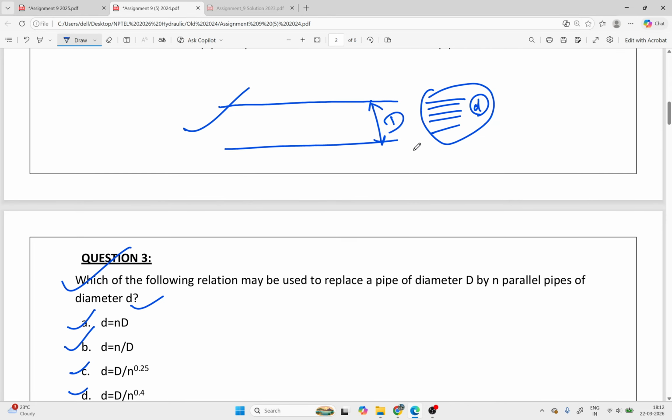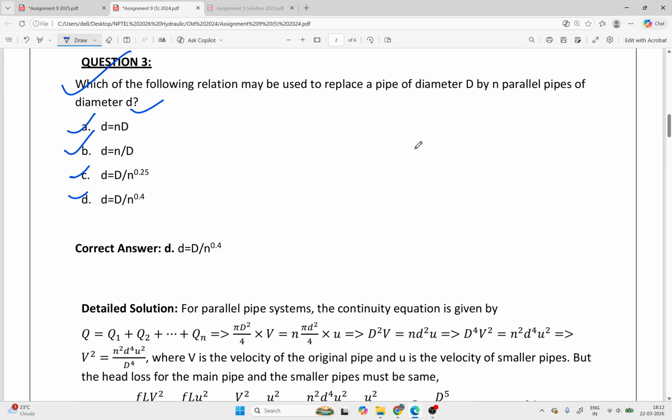So how will we proceed? For parallel pipes, you know already, the discharge Q of the bigger one will be Q1 plus Q2 plus Q3, like that. Based on how you distribute this discharge, you will get the number of pipes.